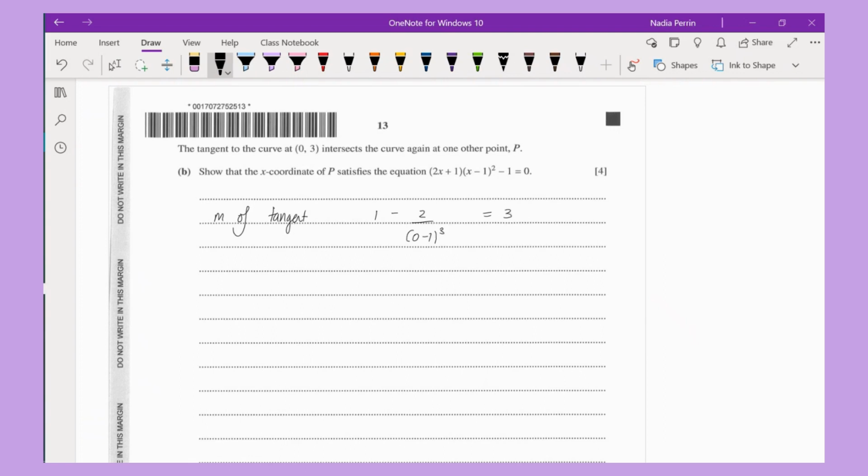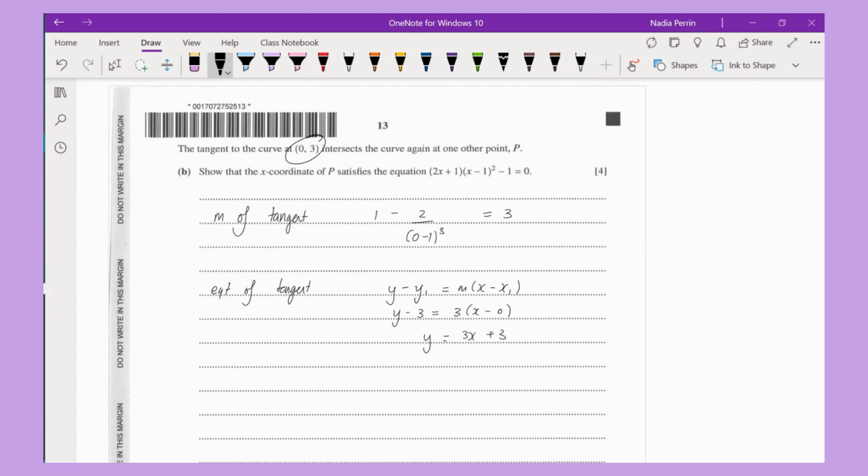So now we can find the equation of that tangent, because we now know that it passes through 0, 3 and has a gradient of 3. So using y minus y1 equals m(x minus x1), y minus 3 equals 3(x minus 0). So y is equal to 3x plus 3.